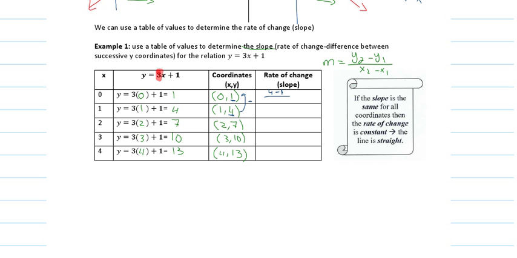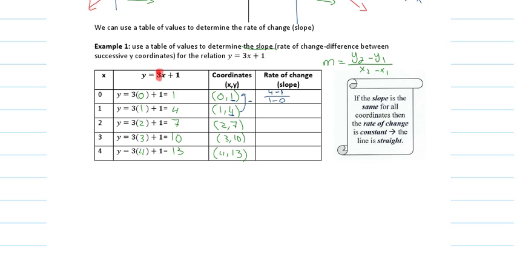Where's your x value in this point? 1, take away 0. Okay? So the y from the second point minus the y from the first point, divided by x from the second point minus the x from the top point.